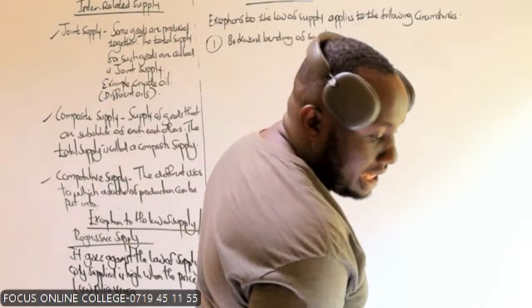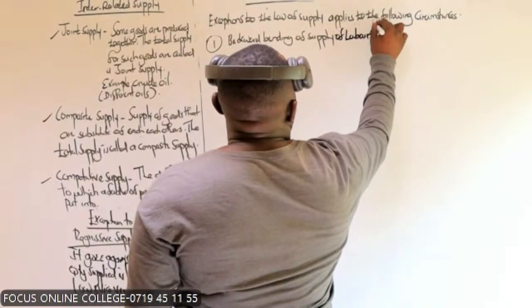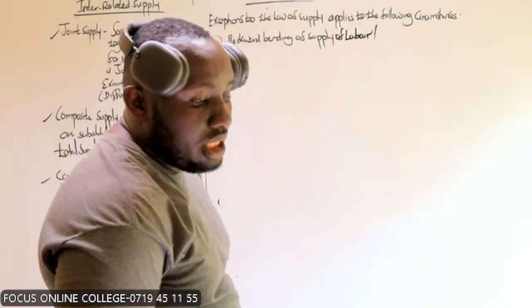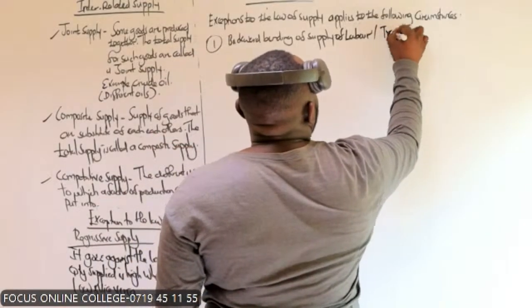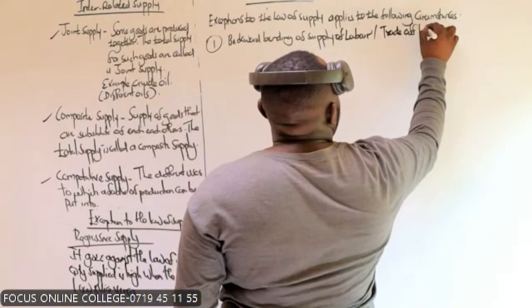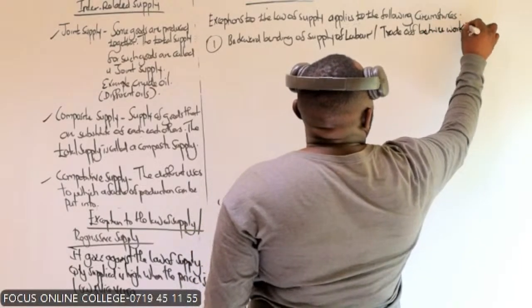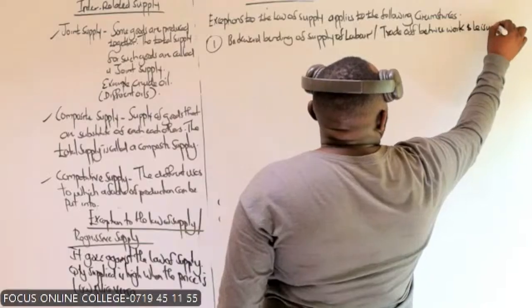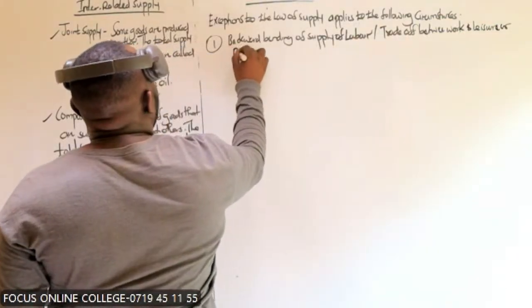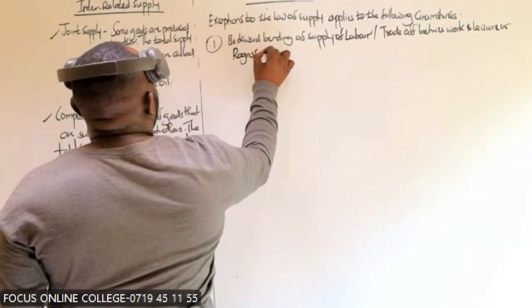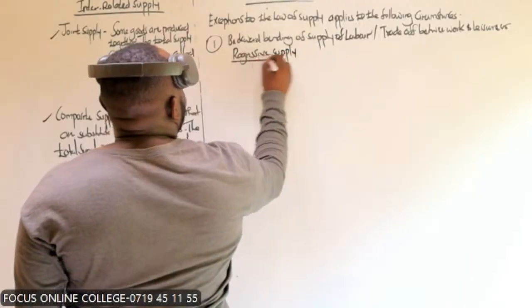Backward bending of supply curve of labor. But we also call it the trade-off between work and leisure, or the regressive supply.